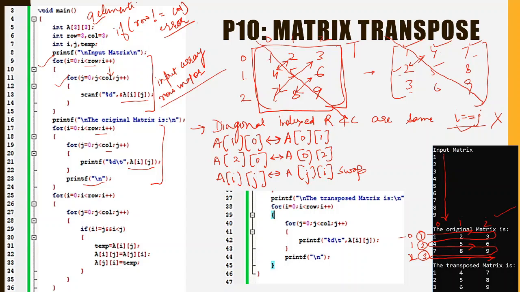So what you have to understand is that the aij and aji swap is only required to be done when i is not equal to j, and you also have to add a condition whether i is less than j or not. Either you can take i is less than j, or j is less than i. For any of the two conditions, i less than j would always be a matrix.